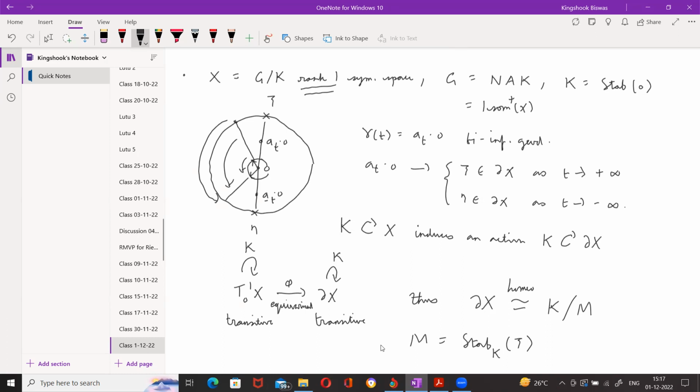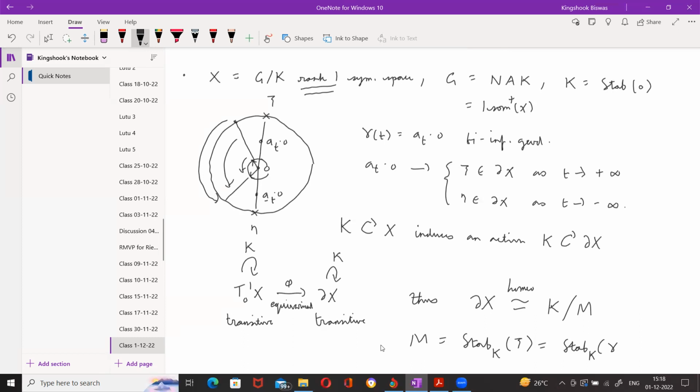So it's going to fix both xi and eta. So this is actually the same thing as the stabilizer in K of gamma, and it's going to fix every point on gamma, because it fixes the origin and it preserves distance along gamma. So therefore, it's going to fix every point along gamma.